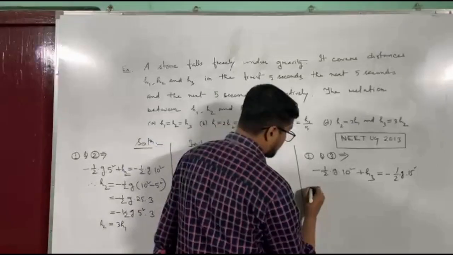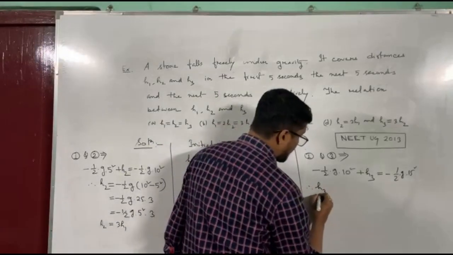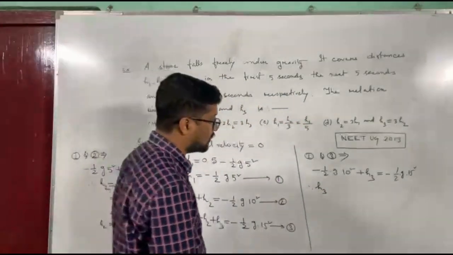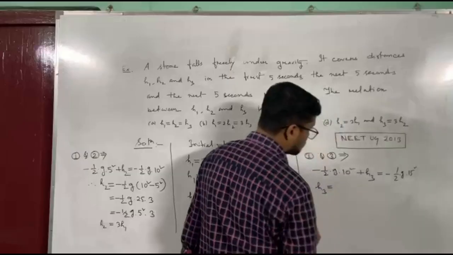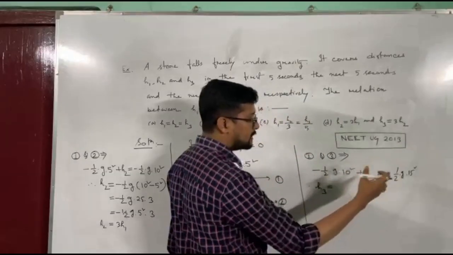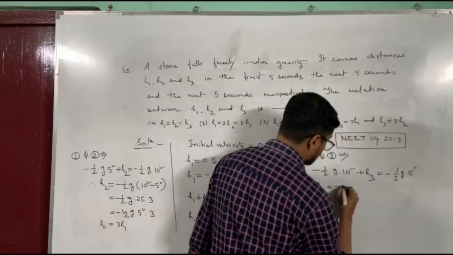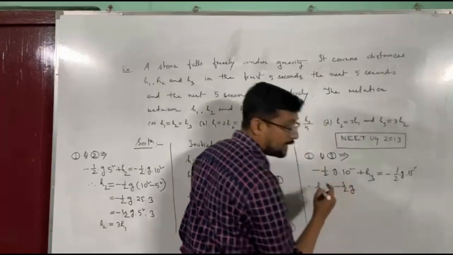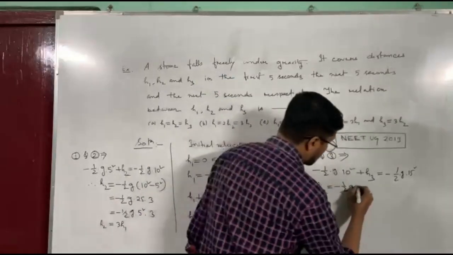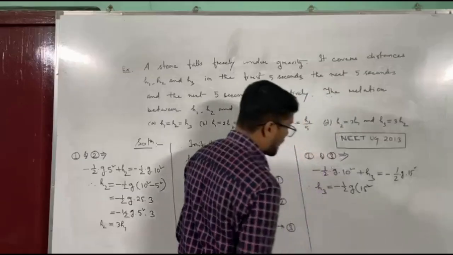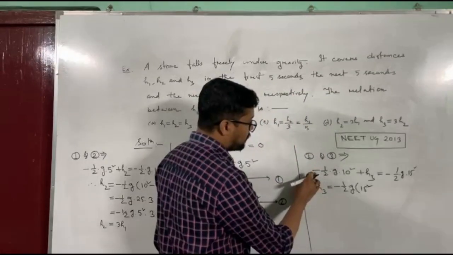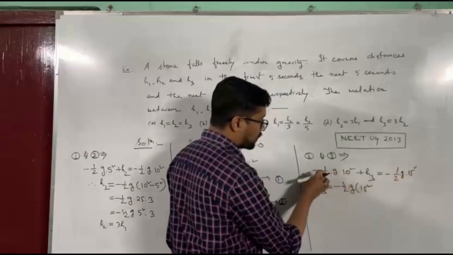So from here what I get is h3 is equal to, if I bring this term on the right hand side, this will become positive, so I can write minus half g 15 square. This term, when it goes to the right hand side, it becomes positive.